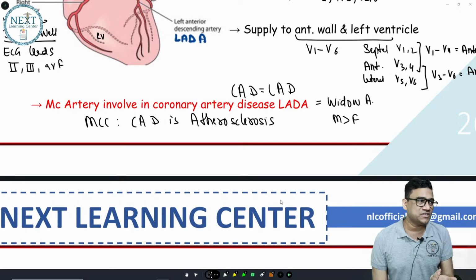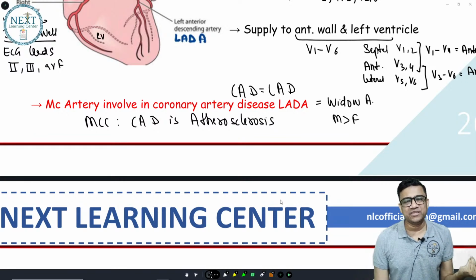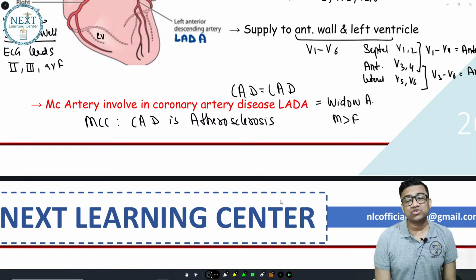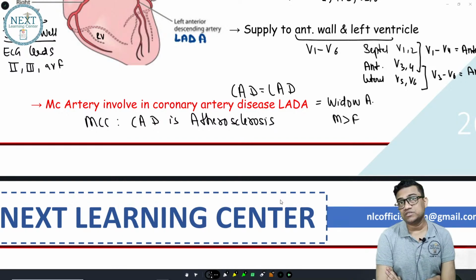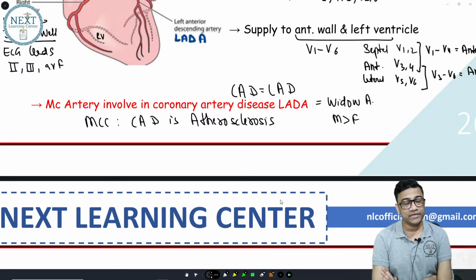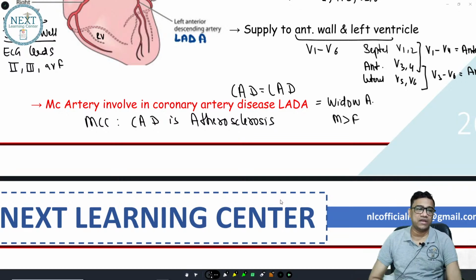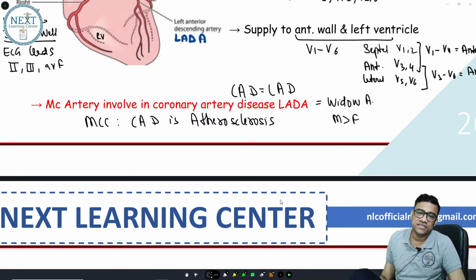That is obesity, then no physical activity, alcohol, smoking, and poor dietary habits, eating lots of carbs. All this increases the risk of atherosclerosis, and this plus diabetes can cause narrowing. It's more common in males. Remember, autoimmune diseases were common in females, but lifestyle disorders like obesity, hypertension are more common in males. So that's why LADA is widow's artery.